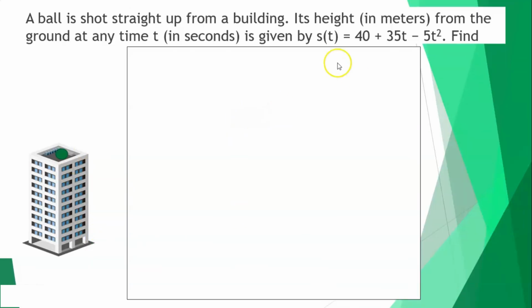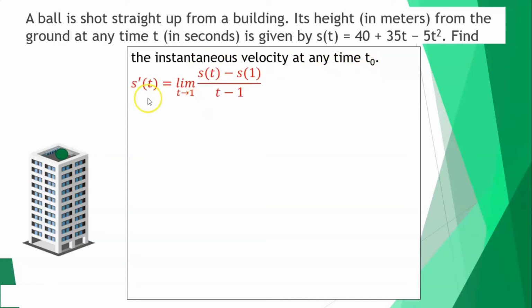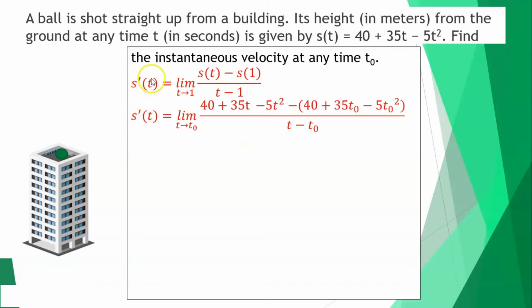Another. Now, with exactly the same given, but this time, find the instantaneous velocity at any time t₀. Take note, this is the formula for instantaneous velocity. Substituting this, the limit as t approaches t₀. Our s of t, that's the original function, minus s of t₀.